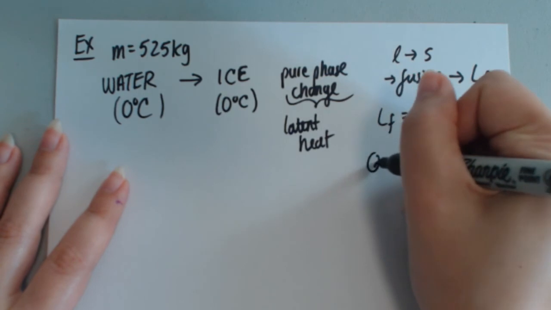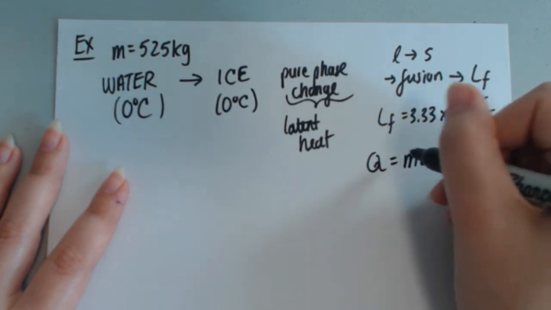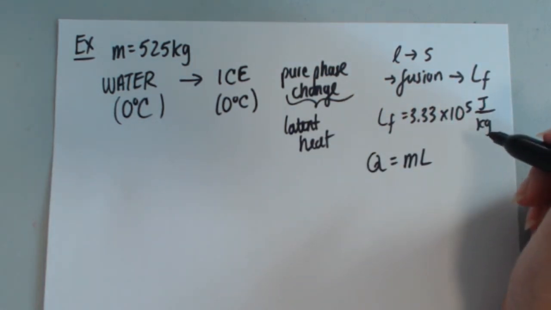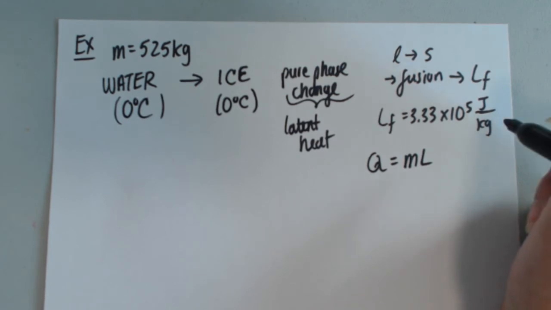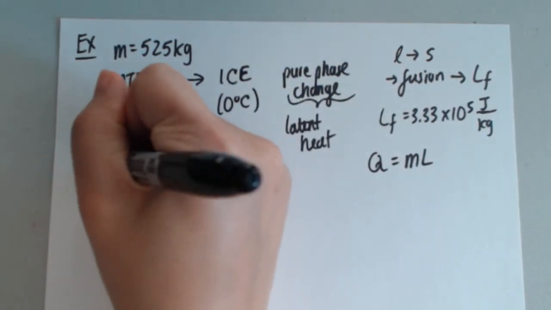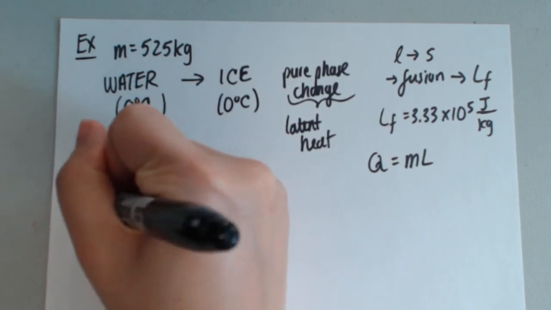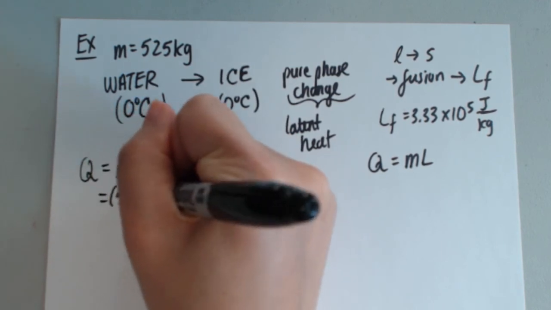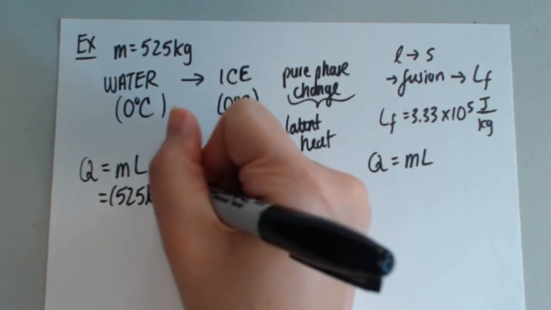After all, the formula is Q equals mL. So L would be Q divided by m. We have to find out how much heat we need to remove. So Q is the amount of heat. Q is equal to m times L, and it's a 525 kilogram chair and a latent heat of fusion.